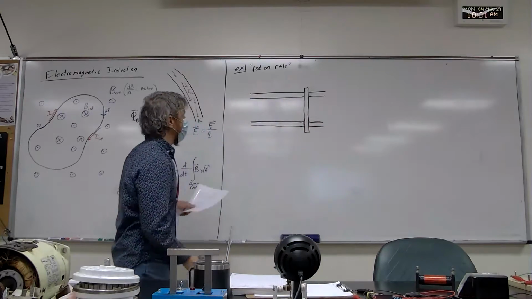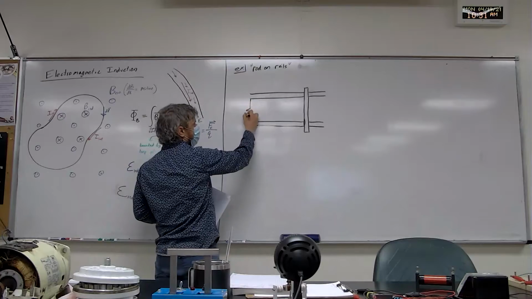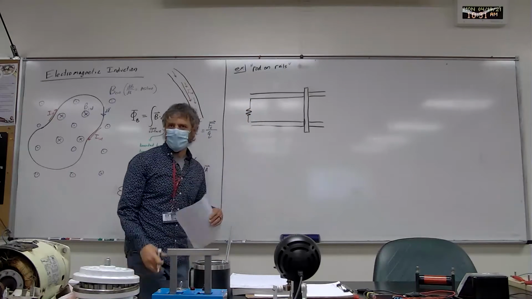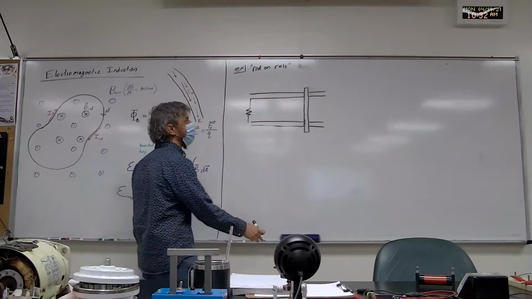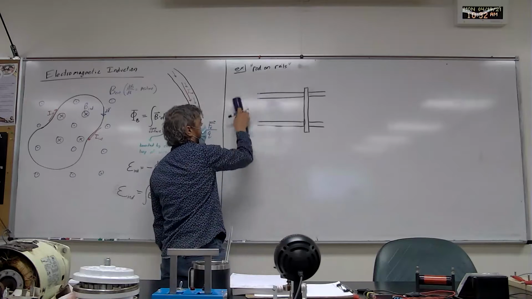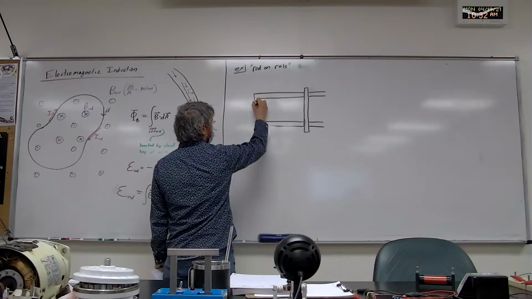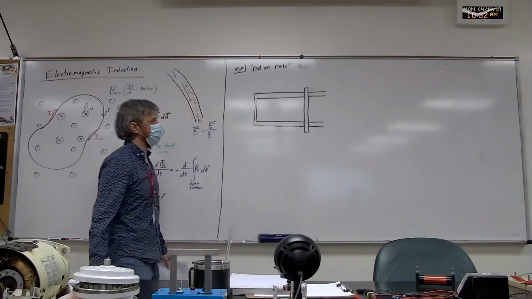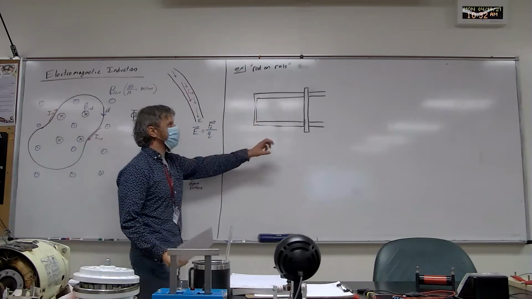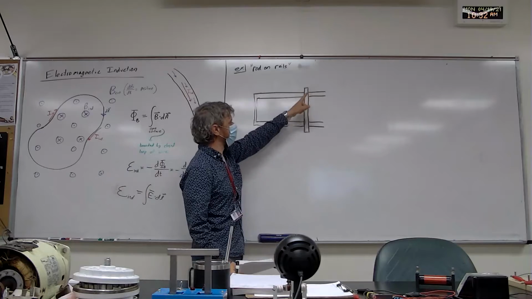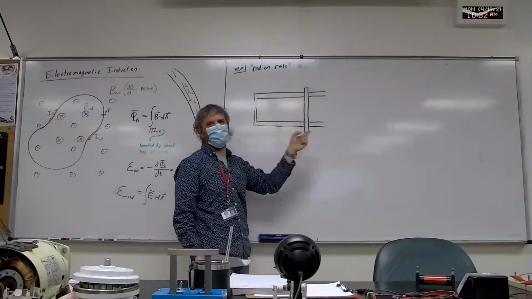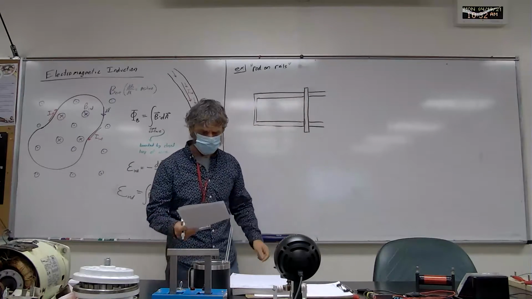Sometimes you might have a resistor connecting these two, in which case Ohm's law could be invoked. But for now, since this is our first one, let's just say they're connected on the end here. And if I put a voltage right here, I can get a circular loop of current, okay?